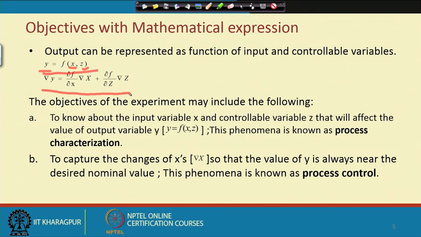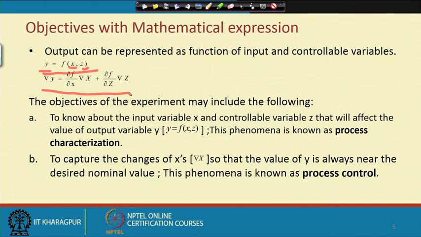Delta y is the change in y, delta x is the change in x, and delta z is the change in z. What is del f by del x? It is basically the coefficient, the relationship coefficient. If you change x by delta x, what will be the change in y? That will finally be weighted by del f by del x. Similarly, for del f by del z.